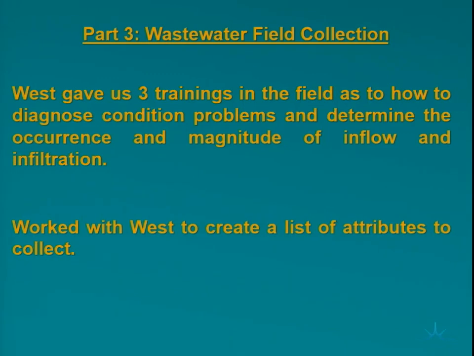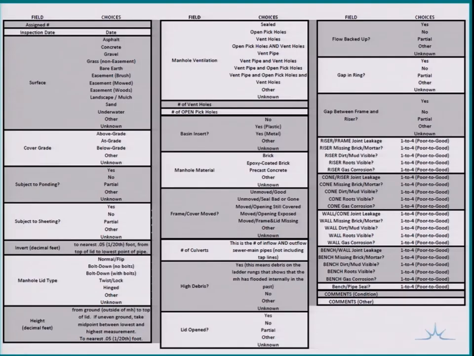Like I said, they gave us 3 trainings, and this ended up being the list of the information they needed to determine which manholes needed work. So, at surface, is it subject to ponding, subject to sheeting? Is there high debris?